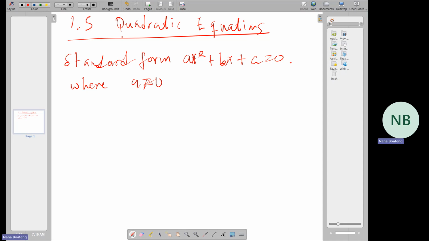If a is equal to 0, then it's no longer a quadratic equation. It's a linear equation. So the coefficient of the x squared term cannot be 0.